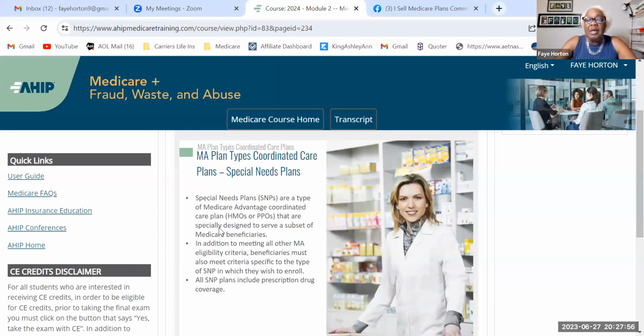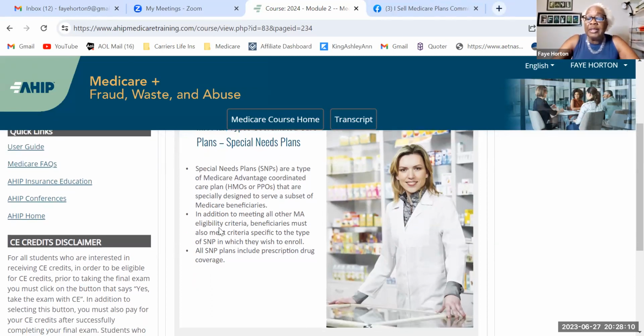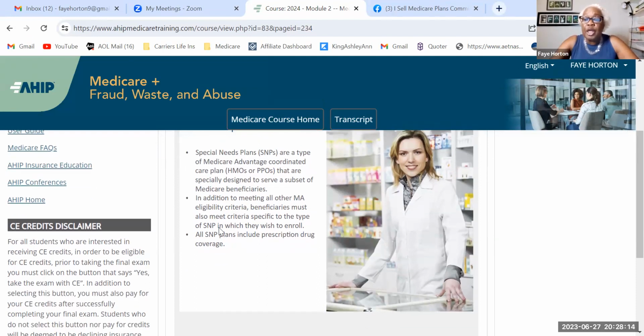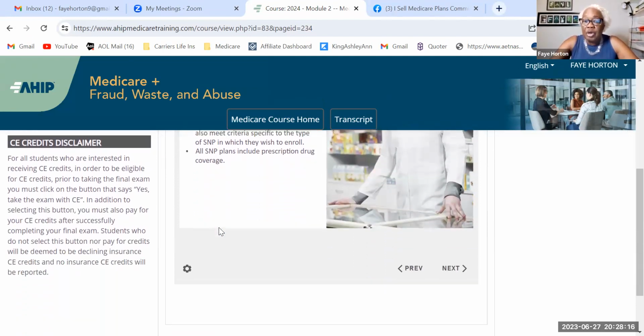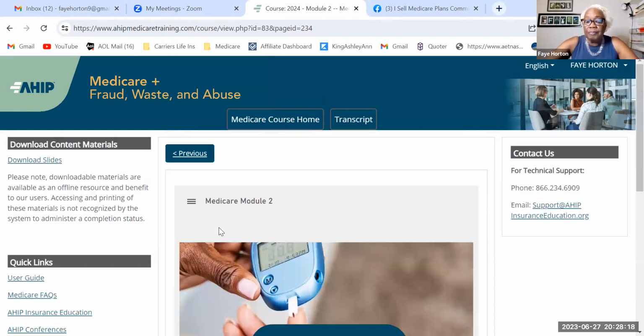In addition to meeting all other Medicare Advantage eligibility criteria, the beneficiaries must also meet whatever that specific criteria is for the SNP in order to enroll in the SNP plan. All SNP plans include prescription drug coverage.